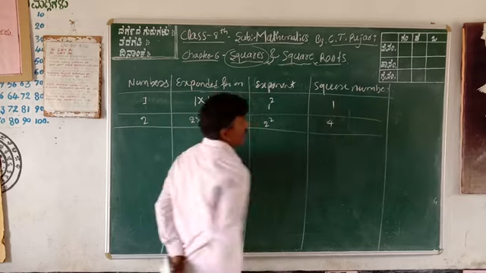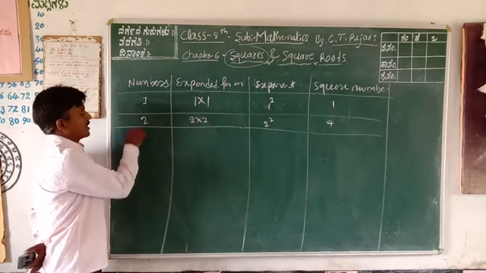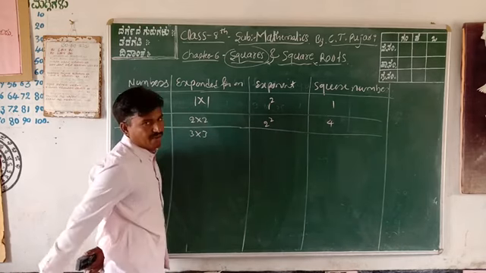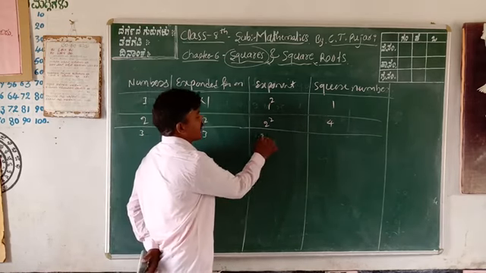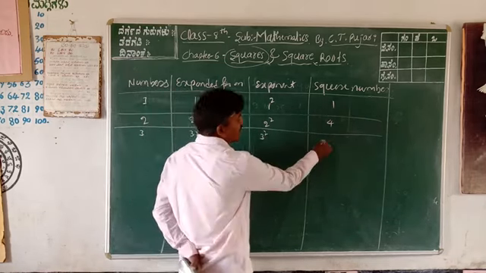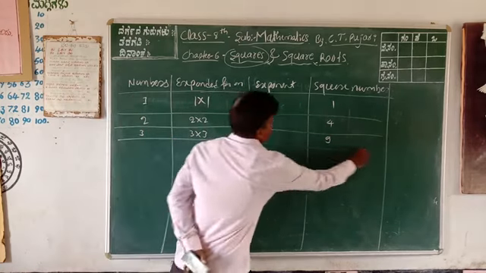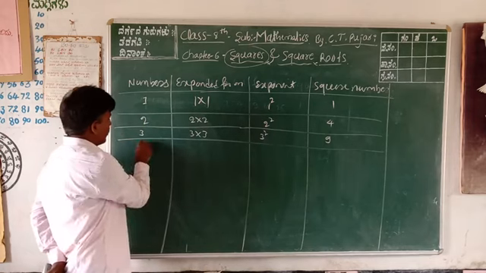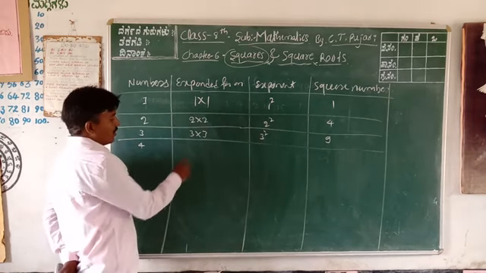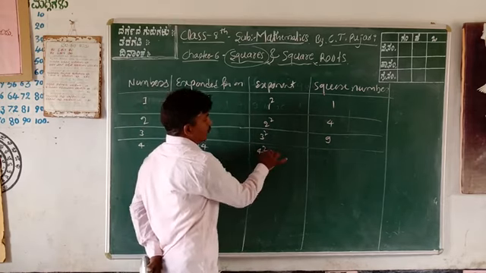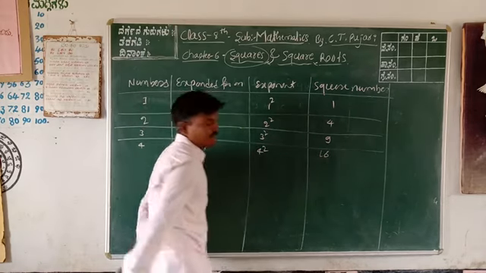Third, consider 3. Again 3 into 3, the exponent form is 3 raised to 2. The square number is 9. What about the next one? Consider 4. 4 into 4, that is 4 raised to 2. 16 is a square number.